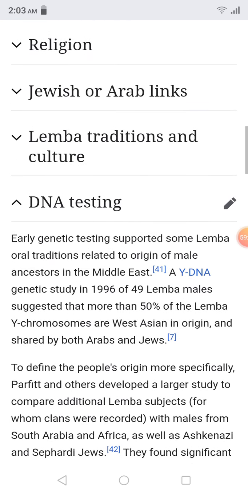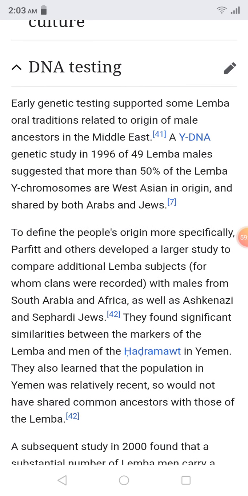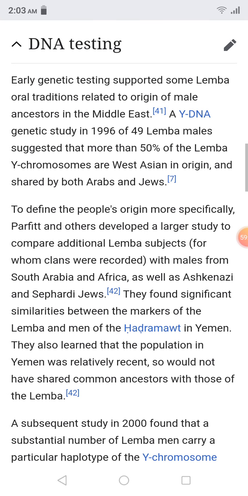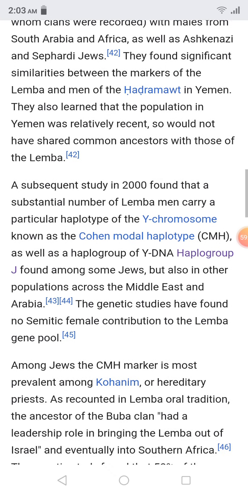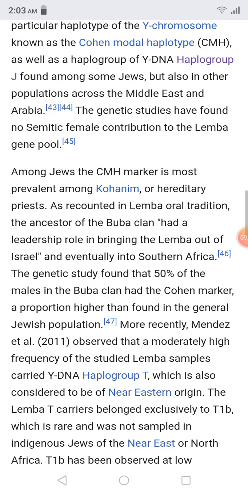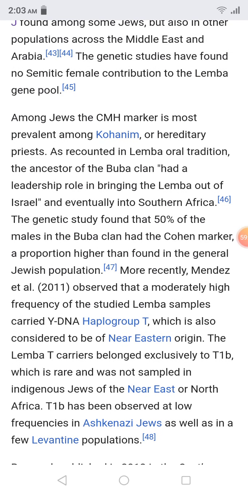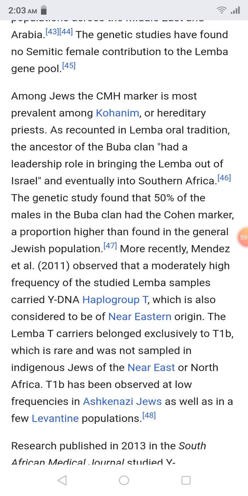DNA testing. So look at all these people they try to group together, and they go, your T group. They even say a T group.